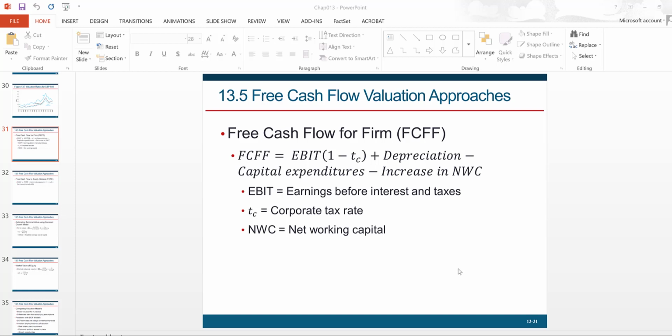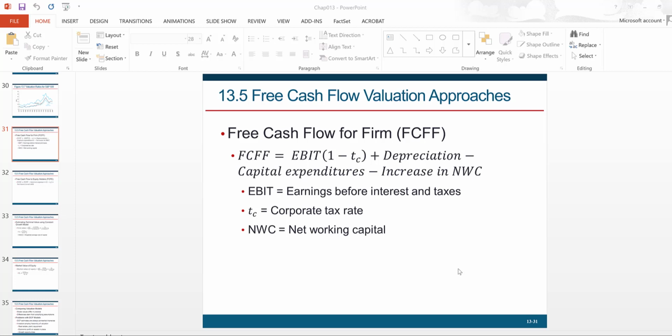So this in some sense is a more general approach of doing valuation, because if you think about dividend discount models, practically speaking, those models are only useful for well established firms with a history of paying dividends.